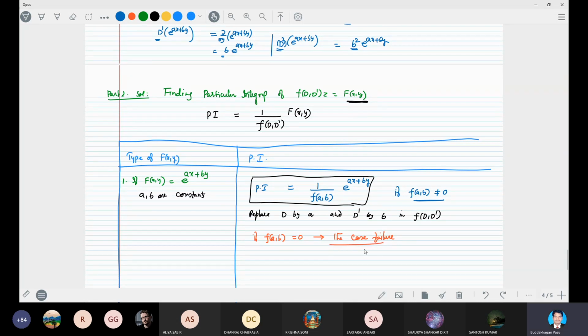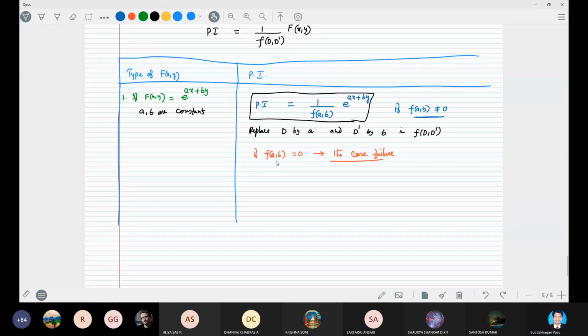I will give you its solution later. It is called the case of failure for finding the particular integral. We will deal with it later.